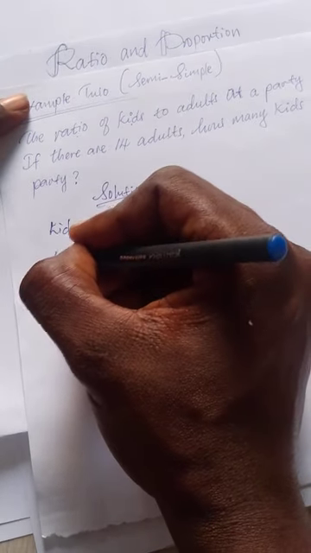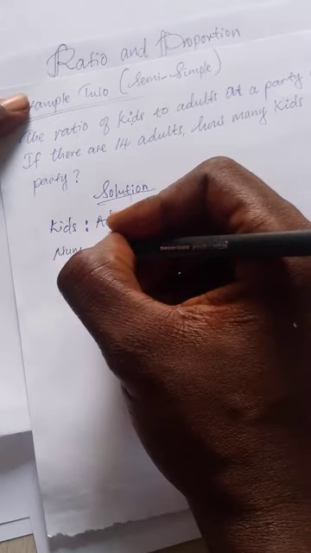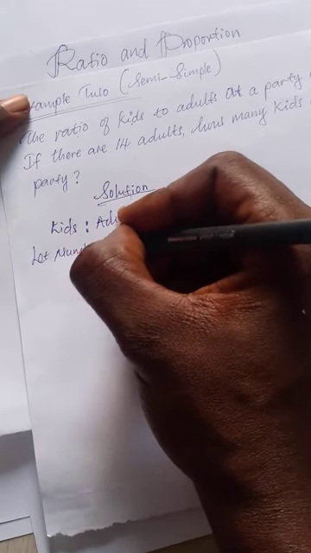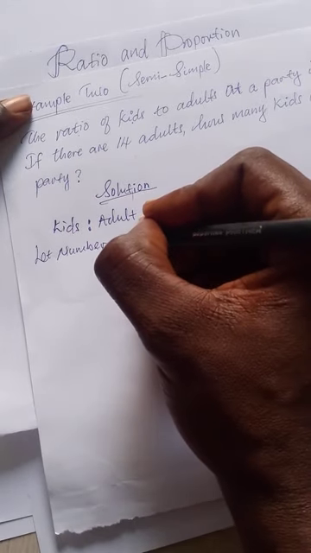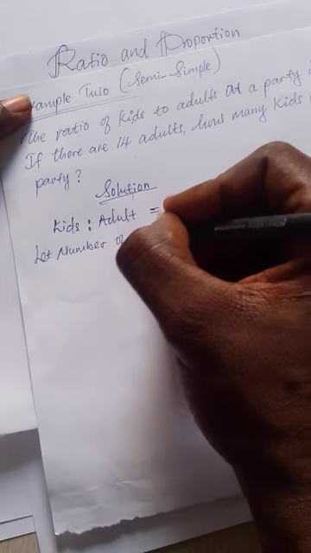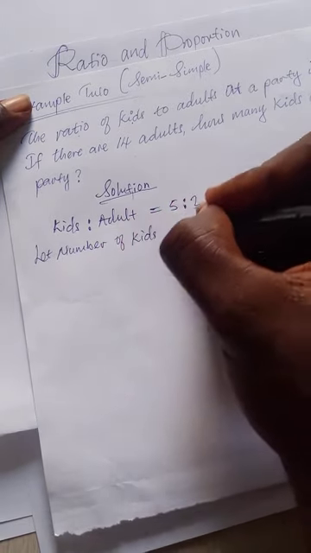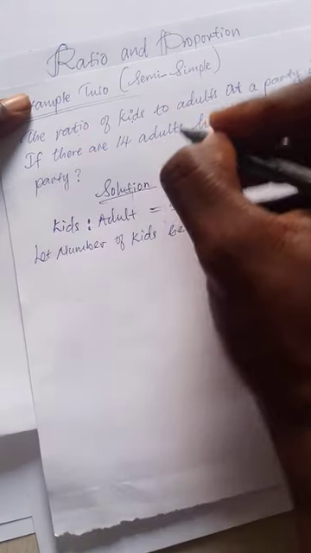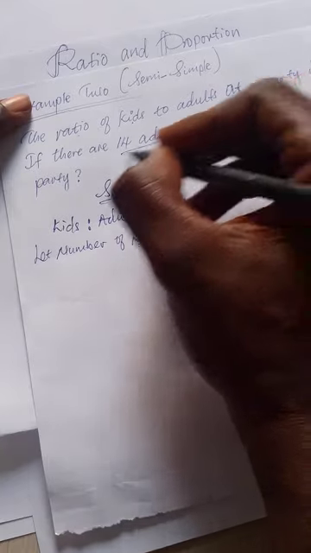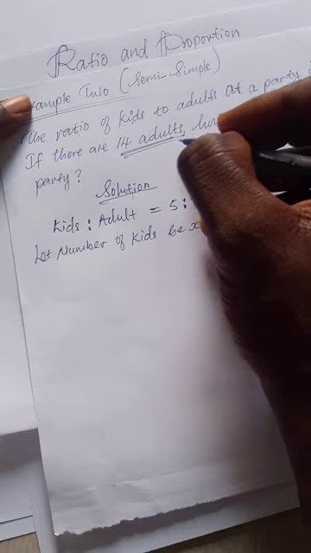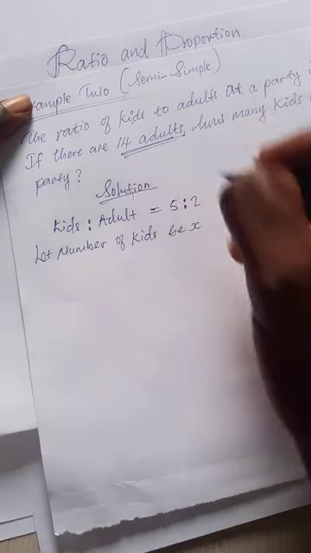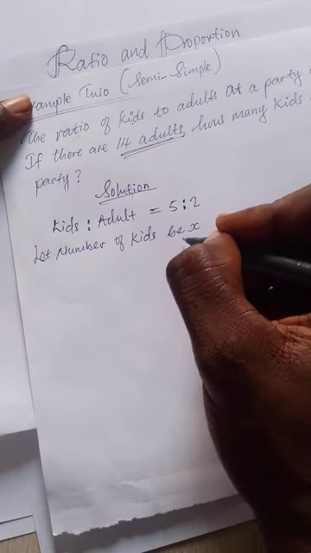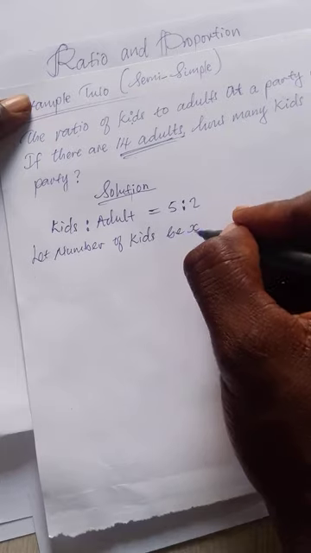Let's say, let the number of kids be x. Remember, we are only given the total number of adults present in the party, which is 14. So we are not given the number of kids. So we are going to say, let the number of kids be x, okay?